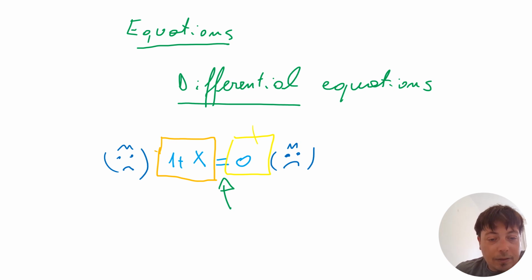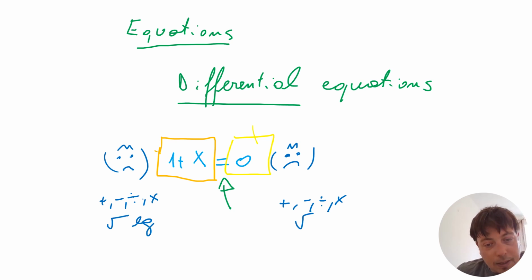Okay. Now these smiley faces will be transformed into operations. So usually you have plus, minus, division and multiplication, and you do the same on both sides. Of course, you can take other operations like square root, logarithm, exponentiation, if you like.